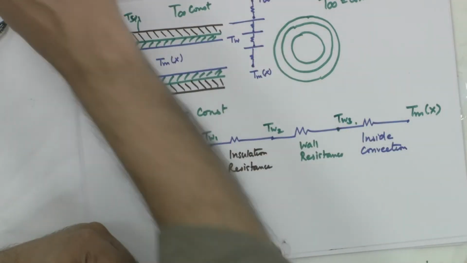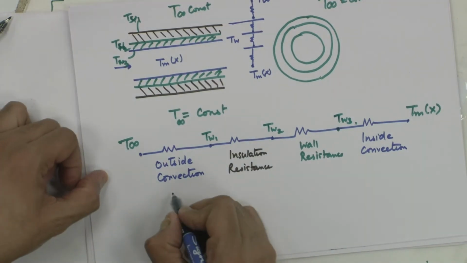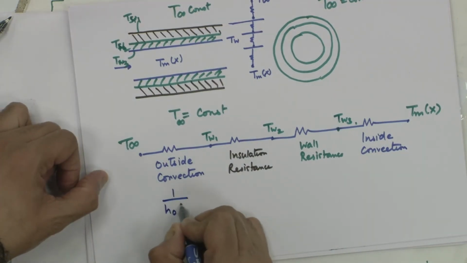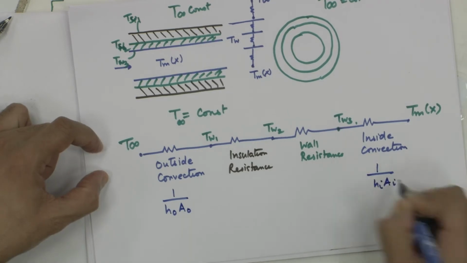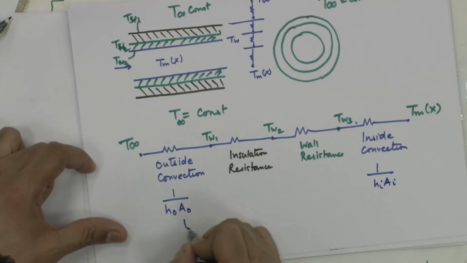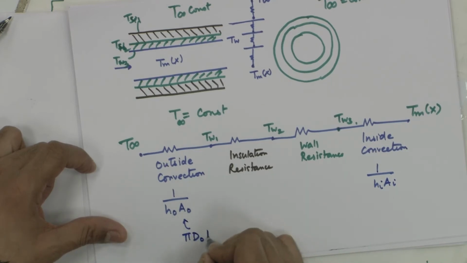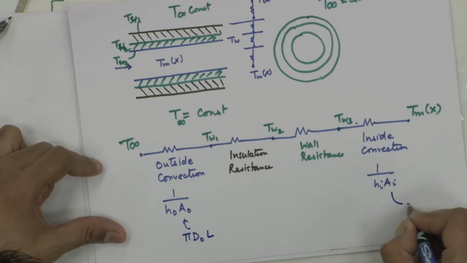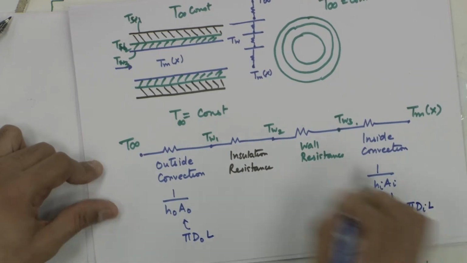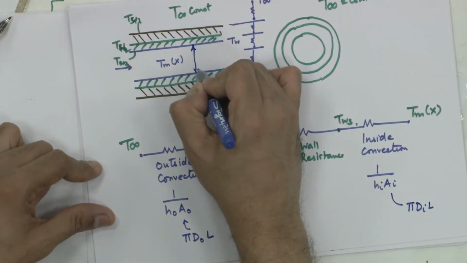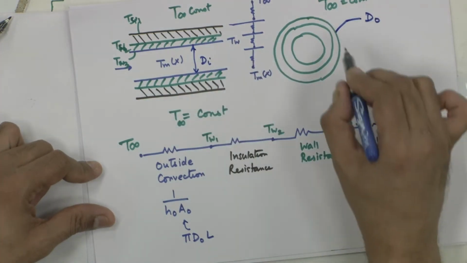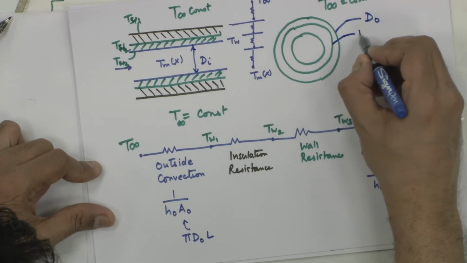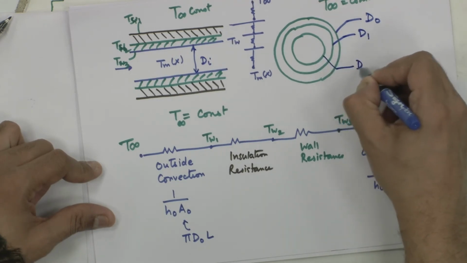What are the resistances like? Resistances outside convection would be 1 by H naught A naught, this is 1 by H I A I. A naught is pi D naught L, this will be pi D I L, this is my D I and this is my D naught, and this is say D 1 and this is say D 2.